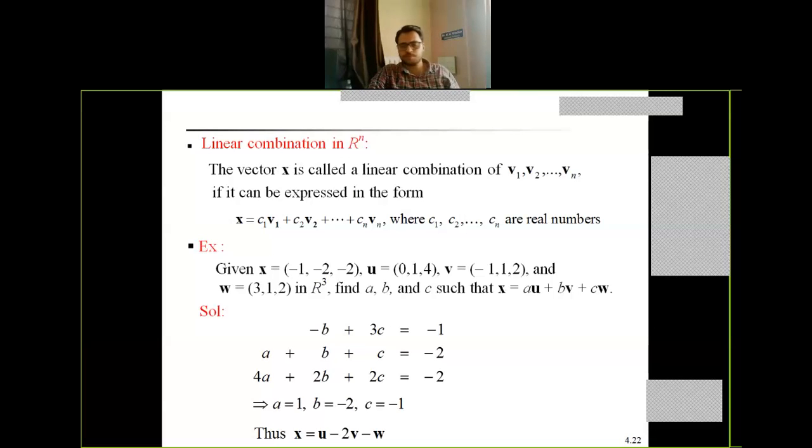In general you just have to imagine if Rn space is there. What do you mean by Rn? Can anybody tell me what is the meaning of Rn? Since we are going to study the definition of vector space, you should know what Rn is.